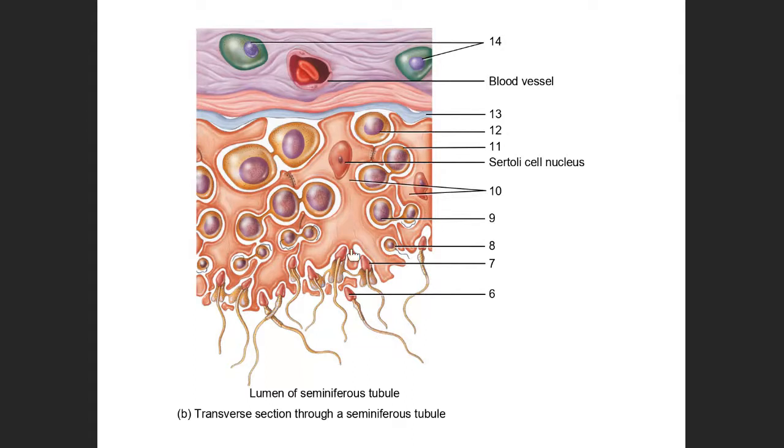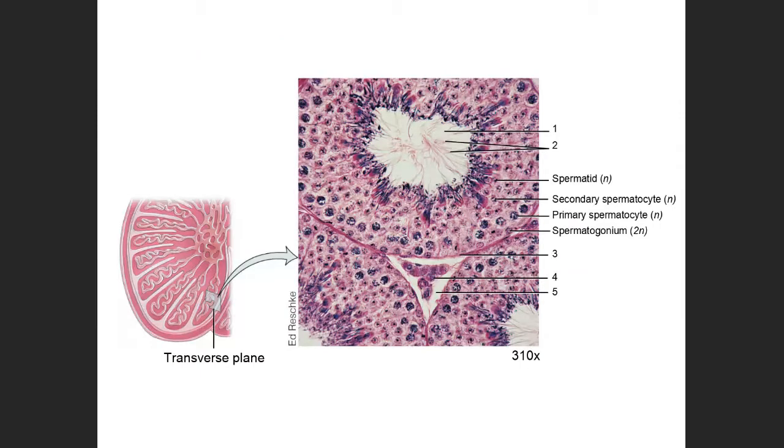And these cells, which are located between the spermatogenic cells to protect, support, and nourish the spermatogenic cells, are called Sertoli cells. And this is the nucleus of the Sertoli cell. And in this picture, you can see a piece of seminiferous tubule, and you have sperms inside the tubules here.